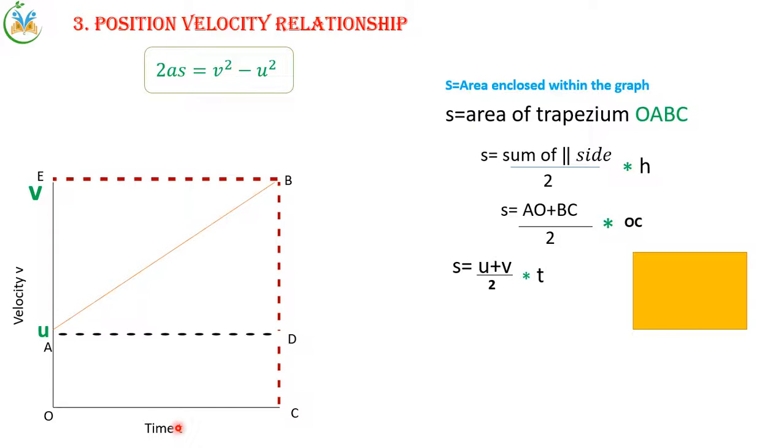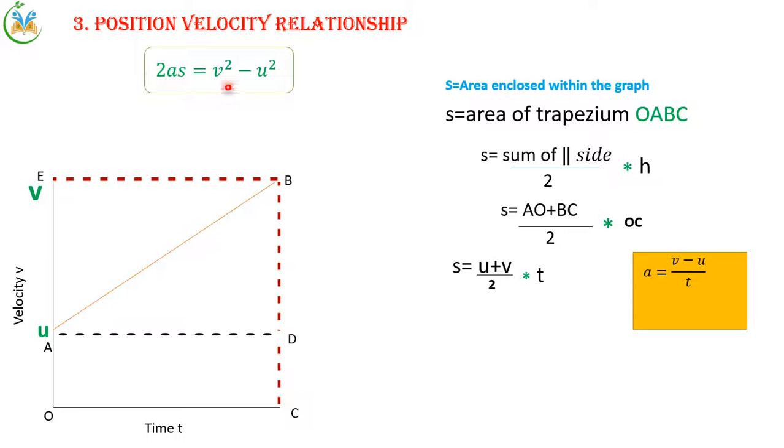Friends, as we studied previously, acceleration equals final velocity minus initial velocity divided by time. So we are going to replace this t. Now the question is, why are we replacing this t? Because we have to get the equation in a form where there is no requirement of time.